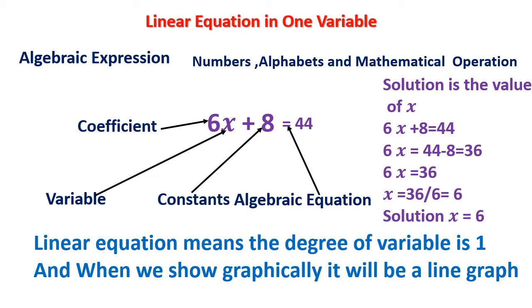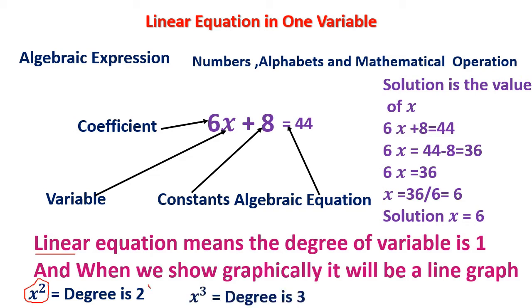Even in the name linear equation there is LIN, meaning linear equations give a line graph. And you have to create a graph of linear equation in two variables this year. And meanwhile, I told you about degree. Degree is nothing but the index which we show here. In this case it is 2 at the bottom left side, and in this case it is 3, and in the given case 6x plus 8, degree is equal to 1.